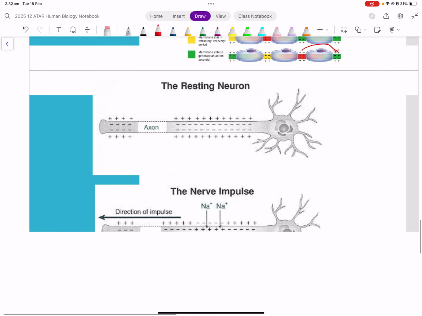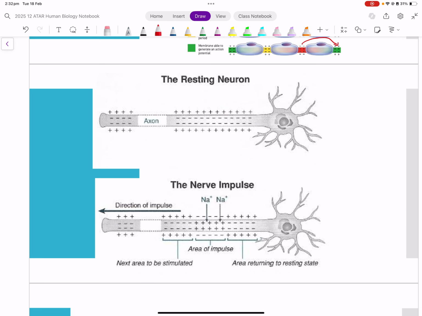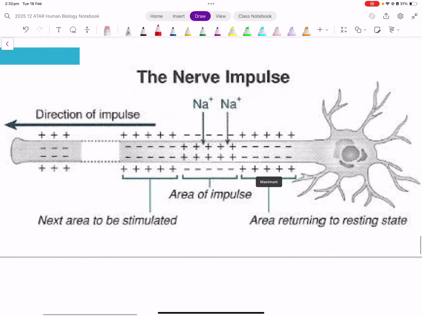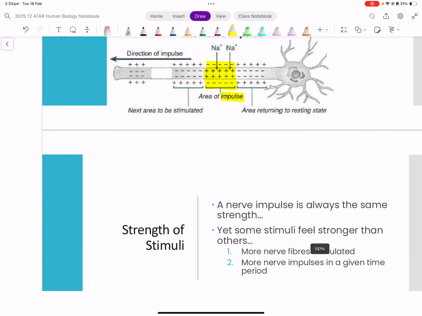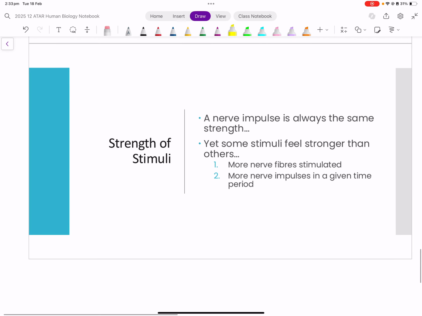When we look at a nerve impulse, firstly, up top is a neuron at rest. We can tell because of the negative charge inside the cell and positive charge outside of the cell. Then when we look at the nerve impulse itself, we can see, really importantly, this area where all of a sudden the cell has flipped. Sodium has flooded into the cell, depolarization has occurred, and this is where the impulse is occurring at that point in time.